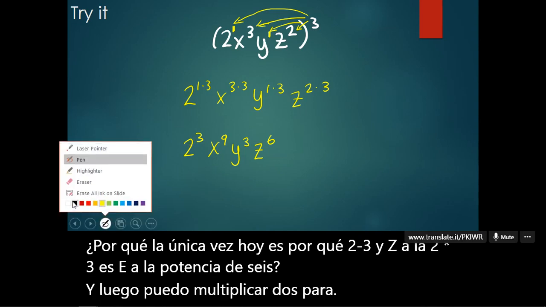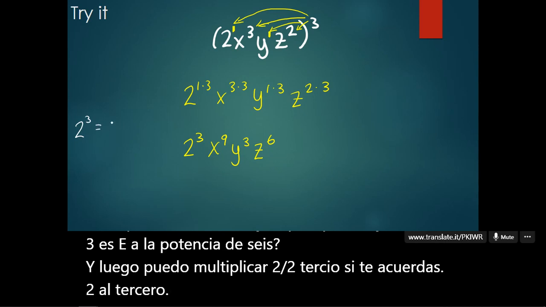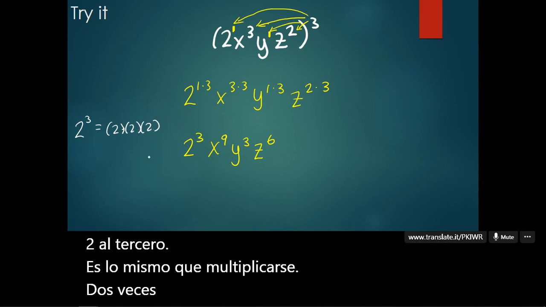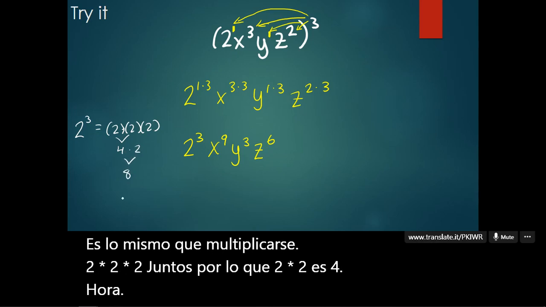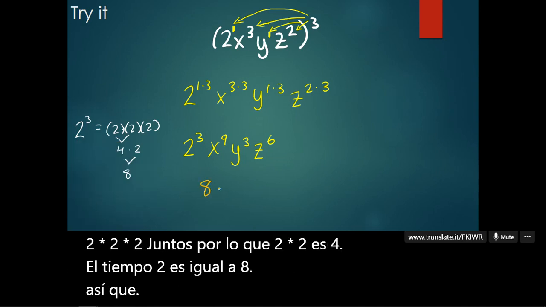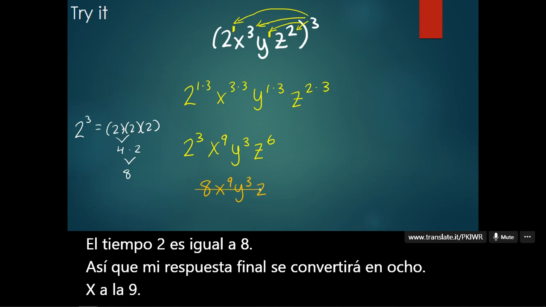If you remember, 2 to the 3rd is the same as multiplying 2 times 2 times 2 together. So 2 times 2 is 4, times 2 is equal to 8. So my final answer is going to be 8x to the 9th, y to the 3rd, z to the 6th.